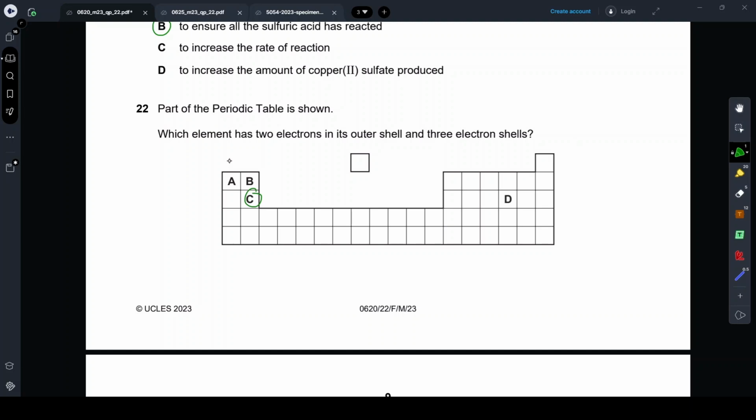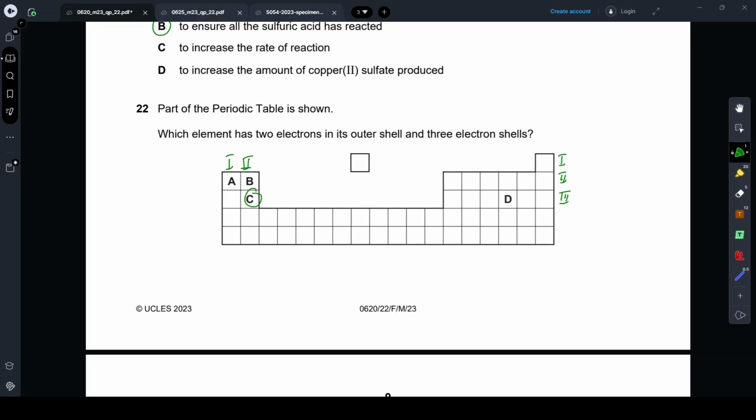So what you want to do is number the groups. Sorry, not number of shells, number of electrons, outermost electrons, so that's 2 over here. And then the periods are the number of shells. So you need to number them carefully. If you number it from here, this is 1, 2, and then 3. So that's C.